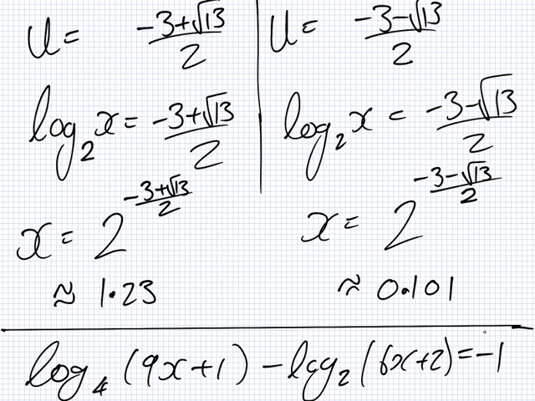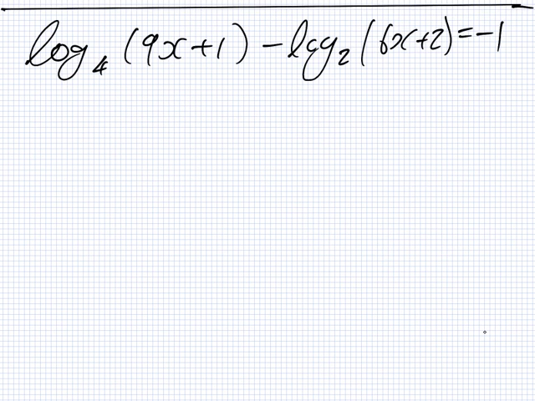Now let's have a look at it. I cannot use the first rule of logs, or the second rule, because the bases are different. So the first thing I need to do is change the base. If I use rule 5, I can change the base to whatever I want.